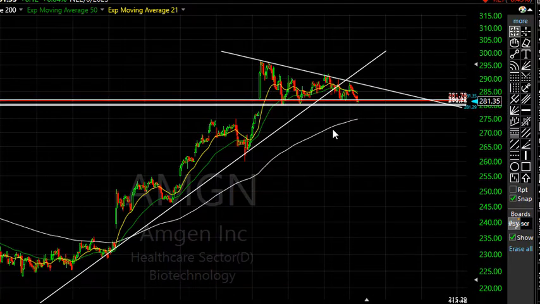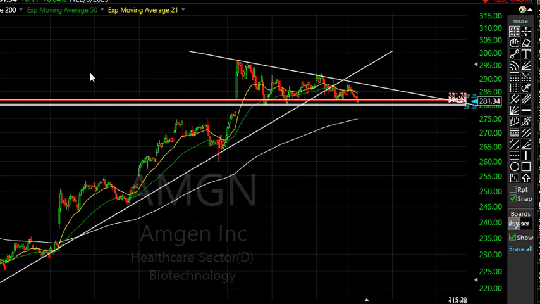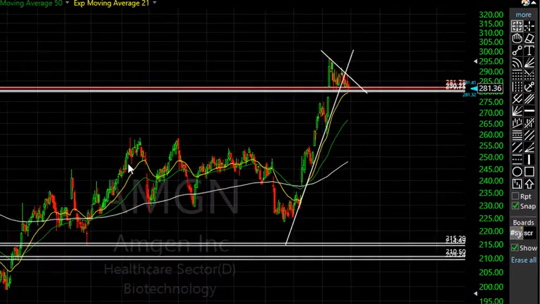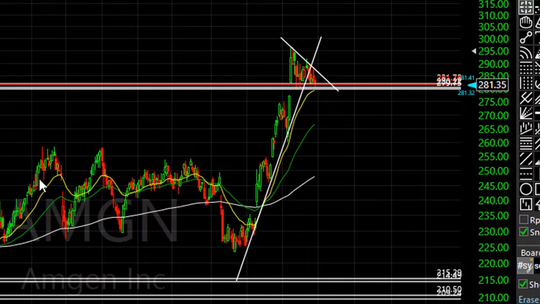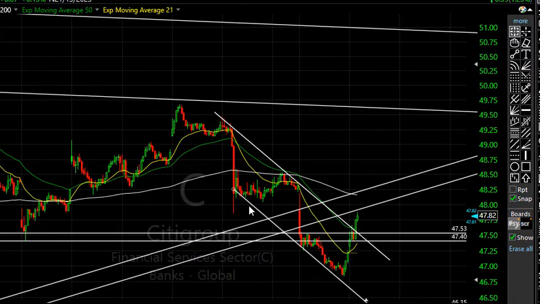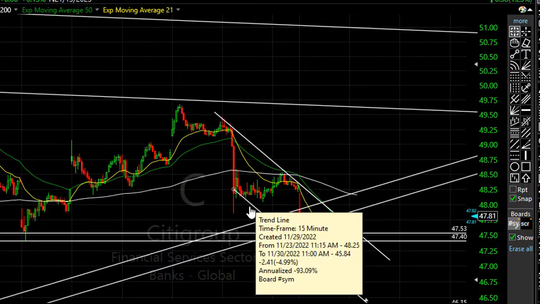I would want more confirmation than just even a nice breakout right here, because this thing has been rocketing to the upside. It's perfectly poised to really blow up if the market will allow it, but the SPY won't at the moment. Anyway, we'll come back to Amgen if she gets any better.